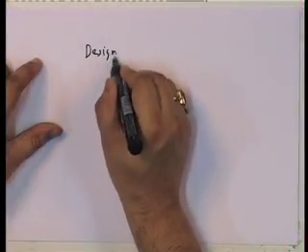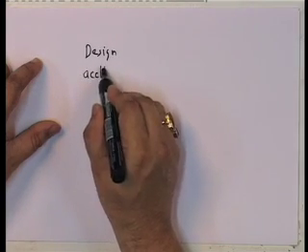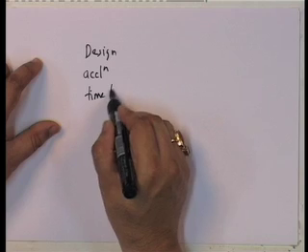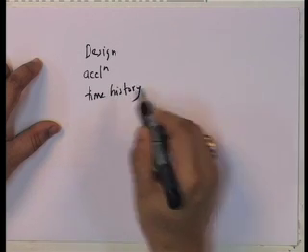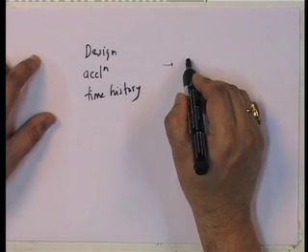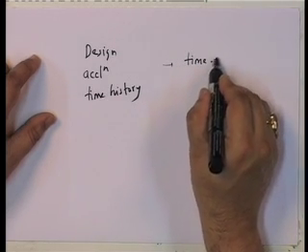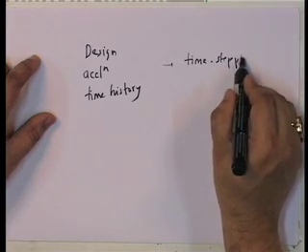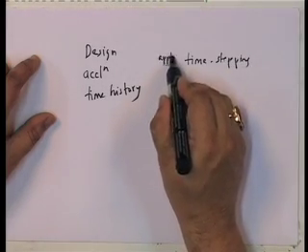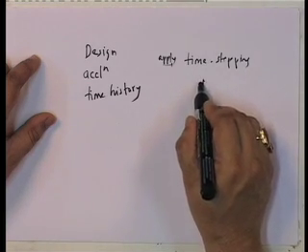Now, my final question to all of you is, does it really matter? Where do you require design acceleration time history? The only place where you require it is where you need to apply time stepping techniques.